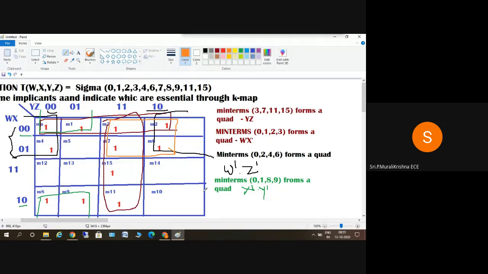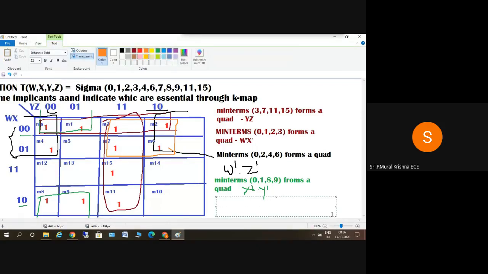Definitely do not do this, but for example, if you take 2, 3, 6, 7, you get a product term that is not essential and we can eliminate it. We are taking it only as a checking purpose.